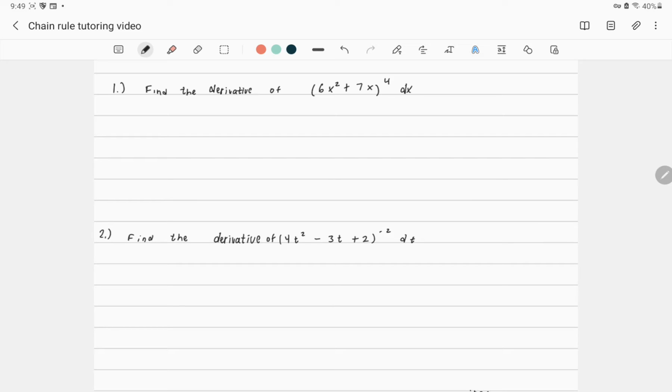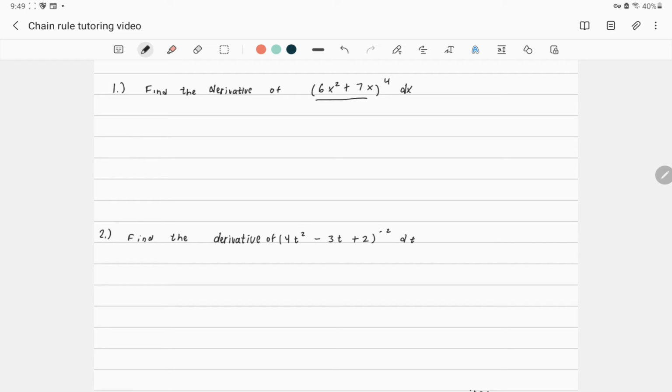And for the chain rule, the first thing you need to look at is what you're going to substitute in this problem. And you will be substituting it with a u, a temporary variable u. So this is not able to be done by the power rule currently.